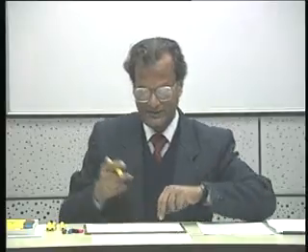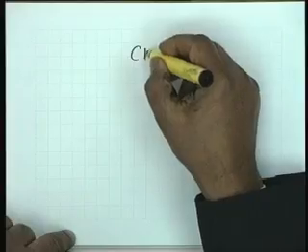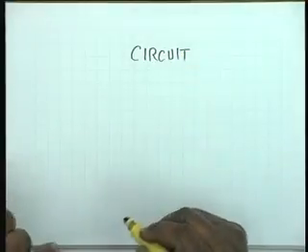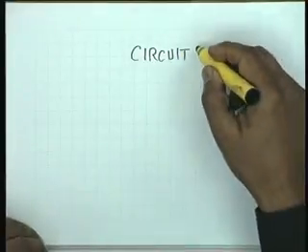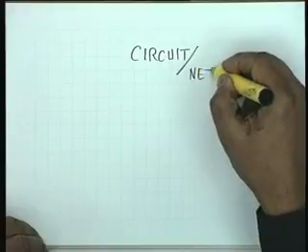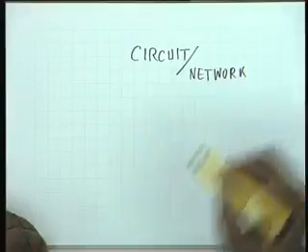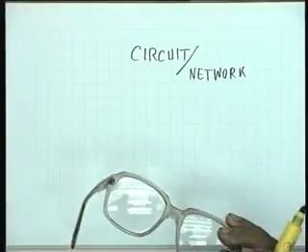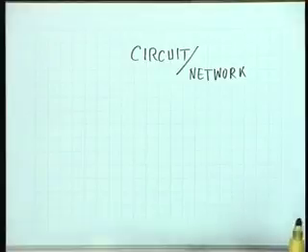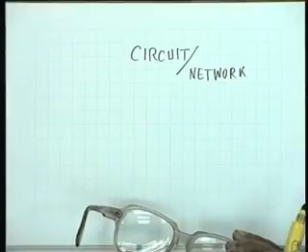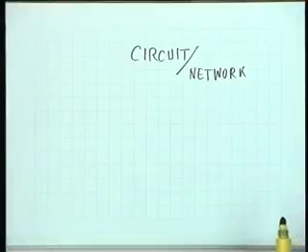The first thing that we discuss is the meaning of the word circuit, and very often, as you see from the names of the books, they talk about networks. So the first thing we discuss is the difference between a circuit and a network. When is a combination of electrical elements called a circuit, and when is it called a network?